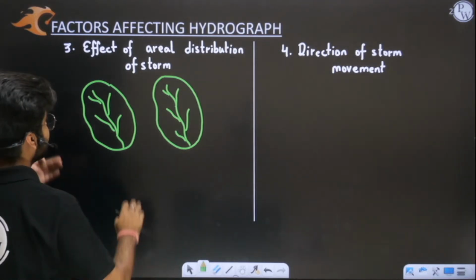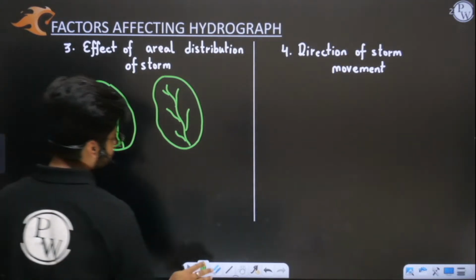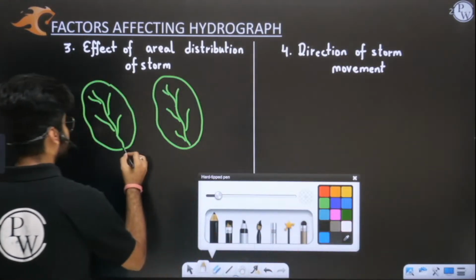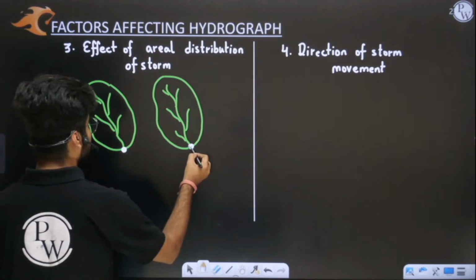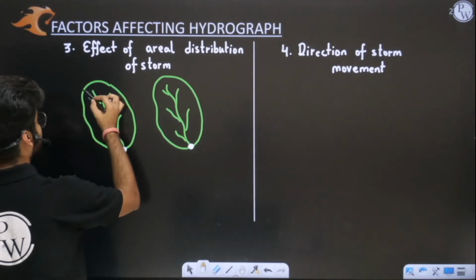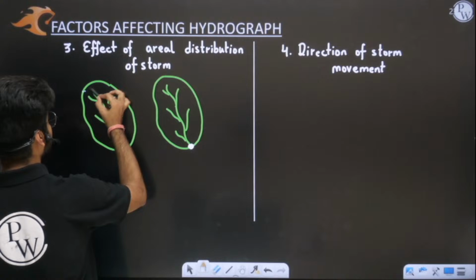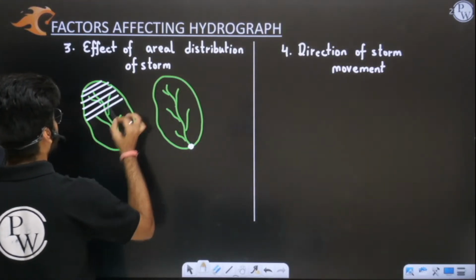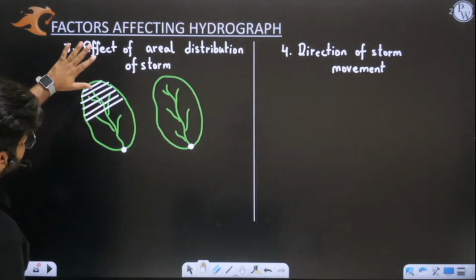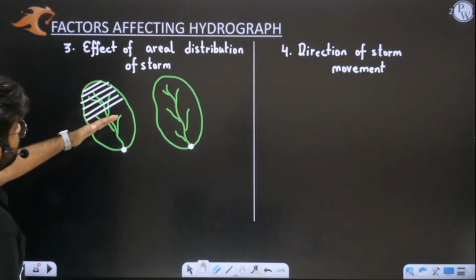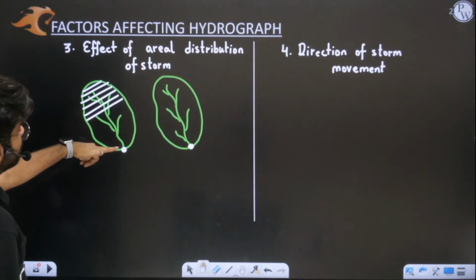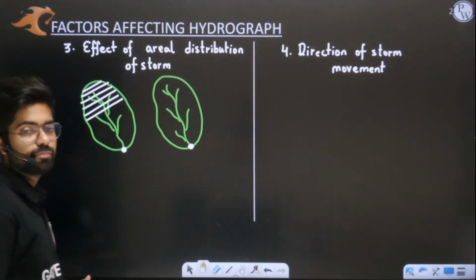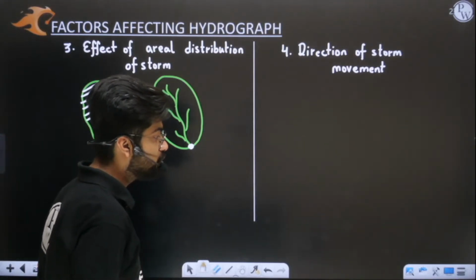Now, let us say this is your outlet. In this area, consider rainfall has happened in the farther area. Rainfall has happened only in this area. Precipitation has occurred in the far area, in the back portion which is farther from your outlet.